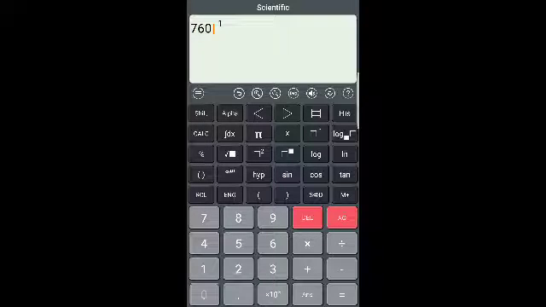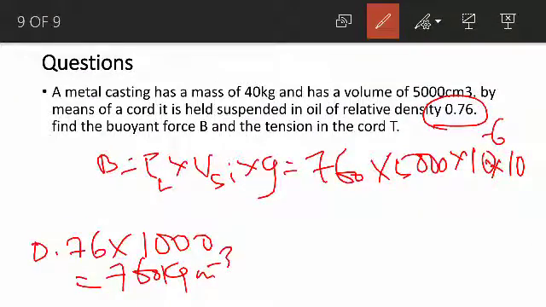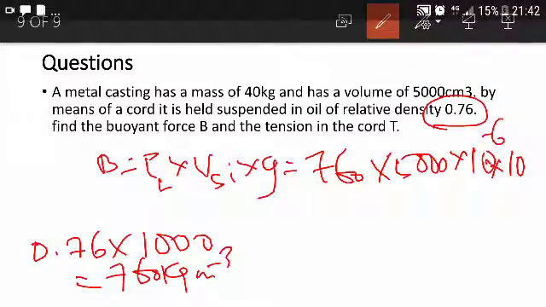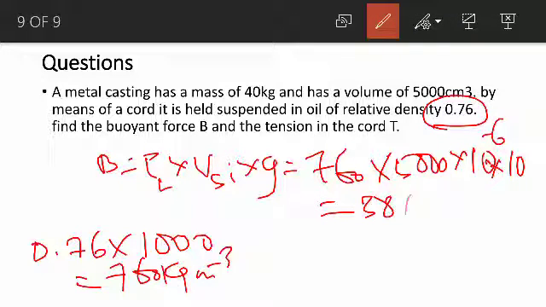So we have 760 times 5000 times 10 to the power minus 6, then times 10. Okay, let's see the answer. That gives us 38. So that means our upthrust is 38 newtons. So the whole of this is equal to 38 newtons.